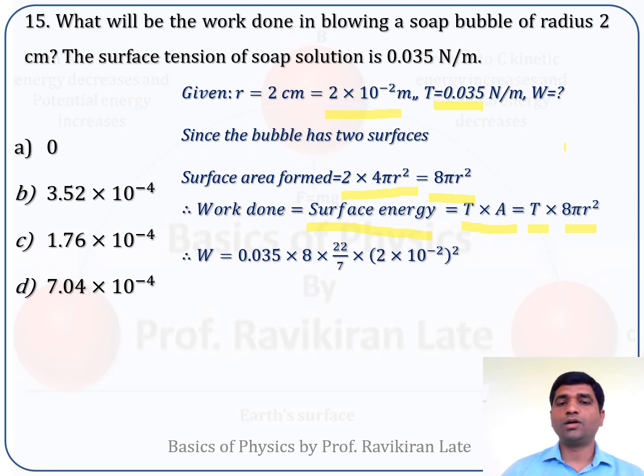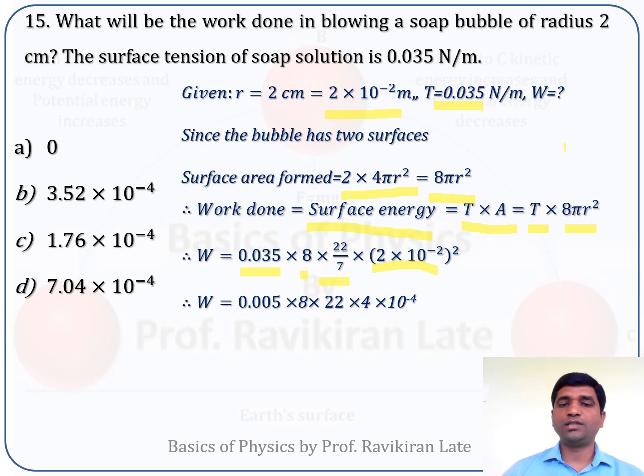So to calculate the work done, I need to substitute the value of surface tension, which is 0.035, then 8 as it is. The value of pi I am taking in this case is 22 by 7, and into r square. r is nothing but 2 into 10 raised to minus 2, whole square.